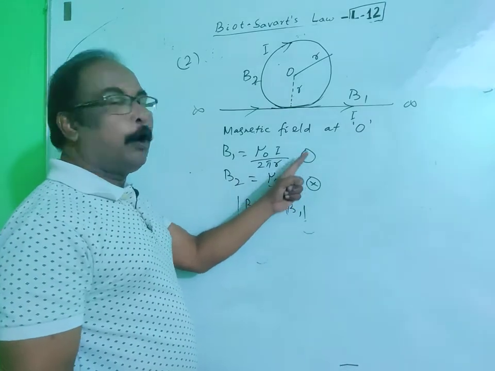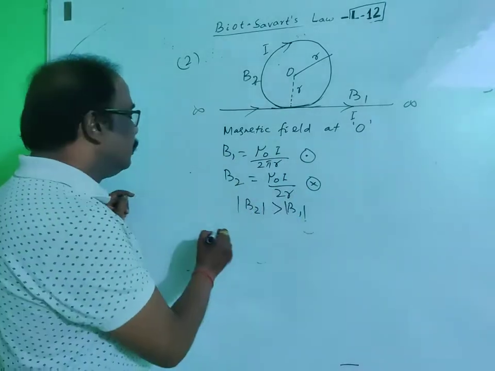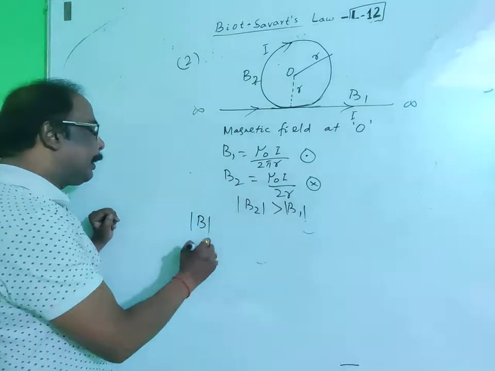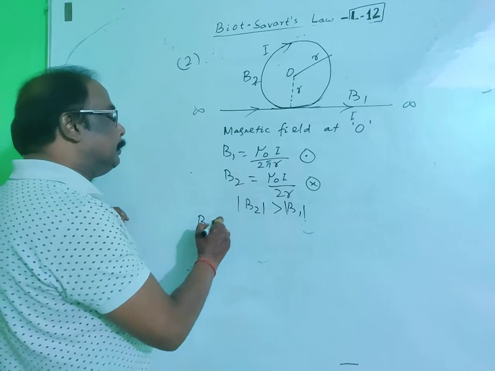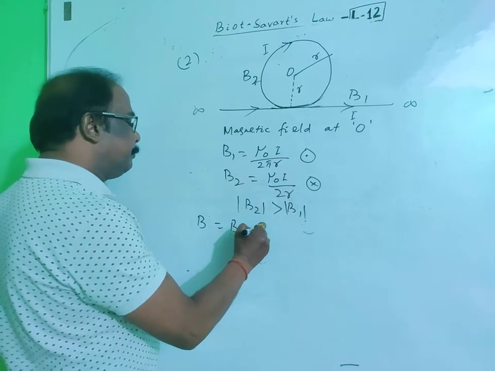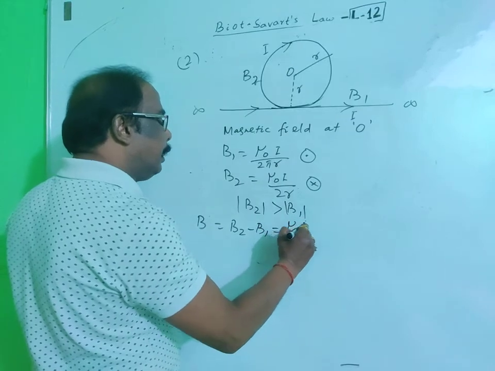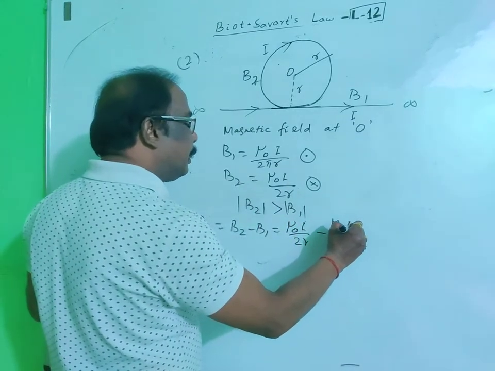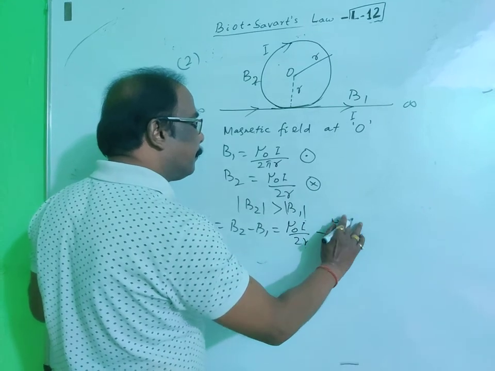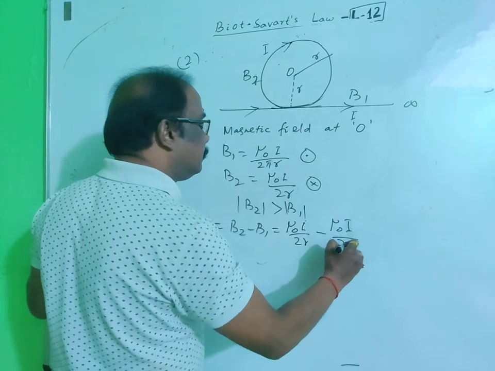Again, directions are opposite. So if two vectors are opposite in direction, then the magnitude of the resultant magnetic field B equals B2 minus B1. B2 is mu naught I by 2r minus B1, which is mu naught I by 2 pi.